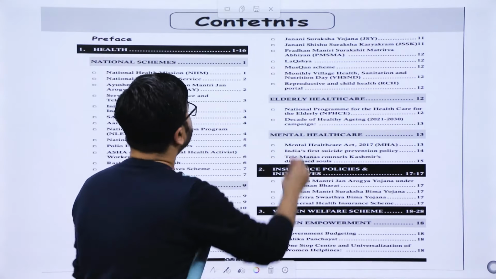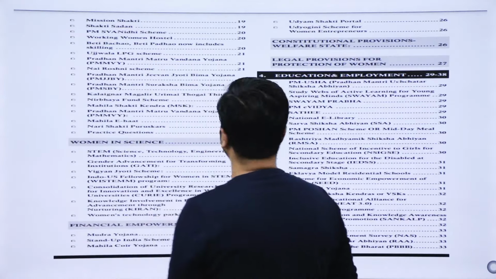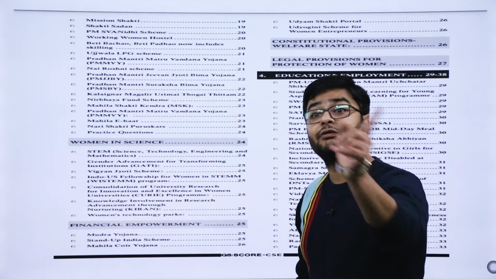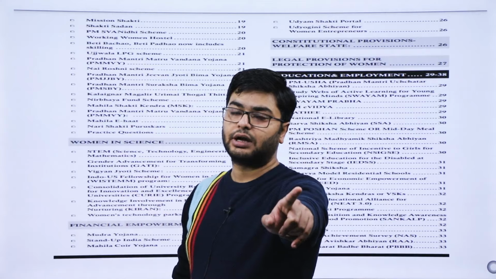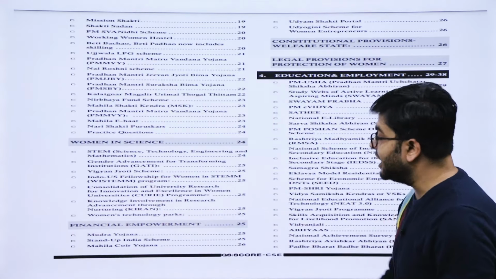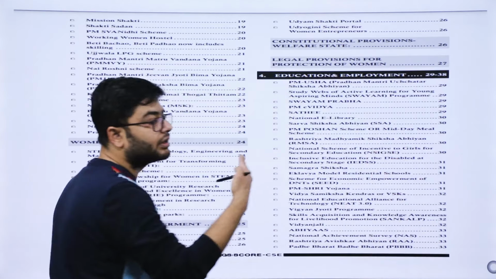Okay. Similarly, you see the content in this compilation spans through women in science. Special focus on the STEM sector in women has been the buzzword. So that is there. Financial empowerment, education and employment related schemes.